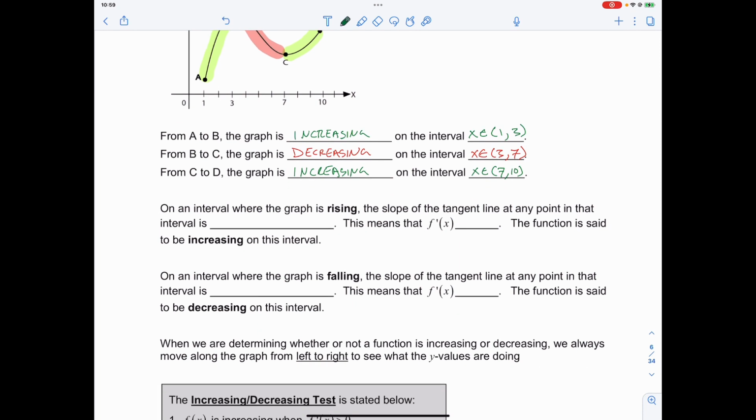On an interval where the graph is rising or increasing, the slope of the tangent line at any point in that interval is going to be a positive slope. This means that f prime of x is going to be greater than 0, and this function is said to be increasing when f prime of x is greater than 0.